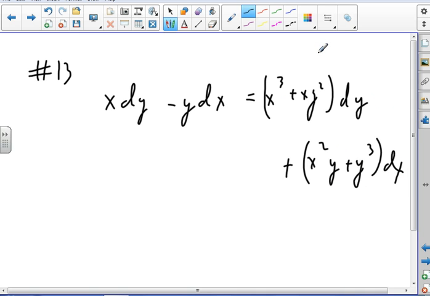And I have an initial condition that says y at 2 is 2. So I'm going to solve it and solve for the constant of integration.